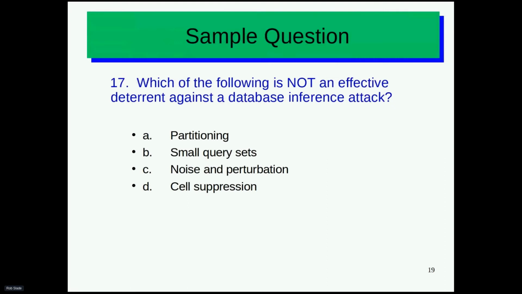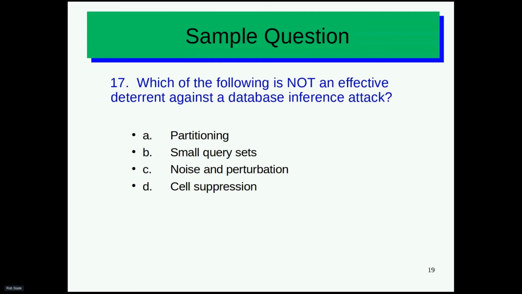So, good old CISSP question time. Which of the following is not an effective deterrent against a database inference attack? Is it partitioning, small query sets, noise and perturbation, or cell suppression? Well, the answer is usually hard for people to figure out here.